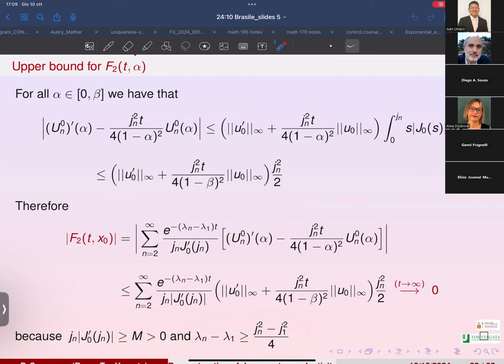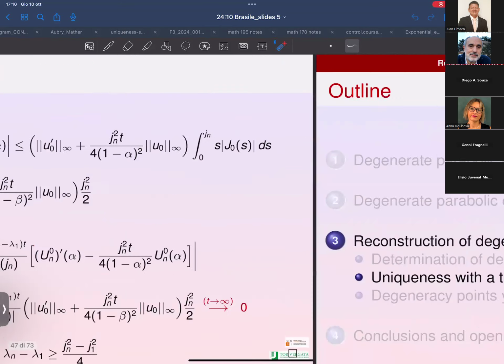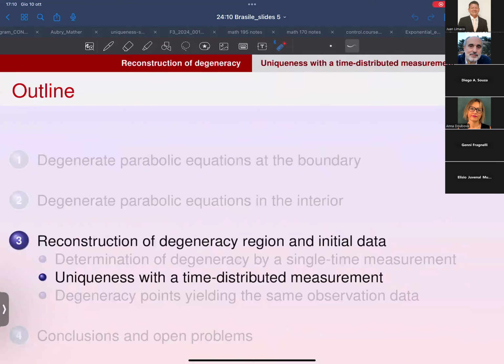And therefore, due to this negative exponential times t, all the other terms, even the ones that grow polynomially, are killed when t goes to plus infinity and the sum goes to 0. So this is essentially the first result, a single shot to determine uniquely the degeneracy.